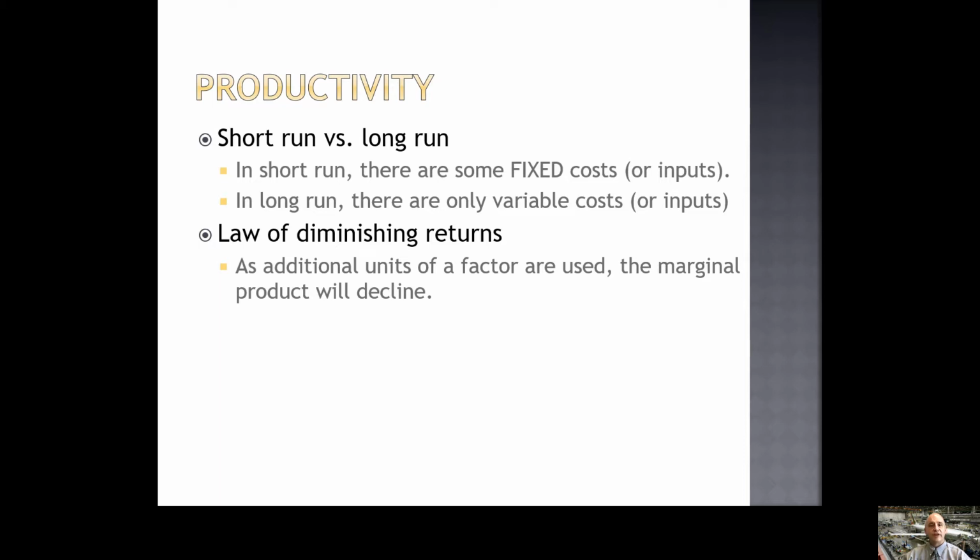Businesses are also very aware of what's known as the law of diminishing returns. And that simply says that as more and more units of a particular factor are used, the marginal product will decline. So imagine you had an office space and you hired one worker and they produced a certain amount of product.